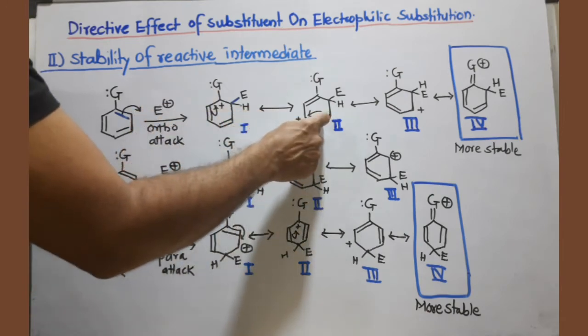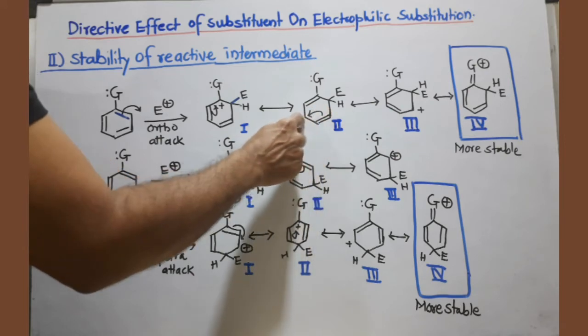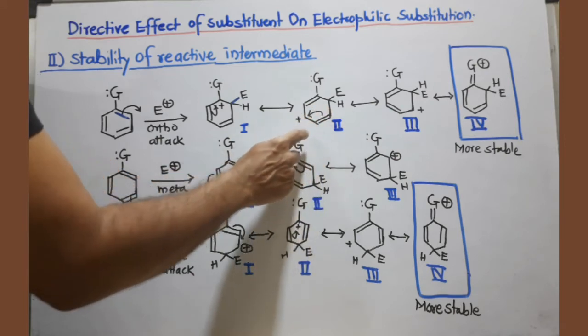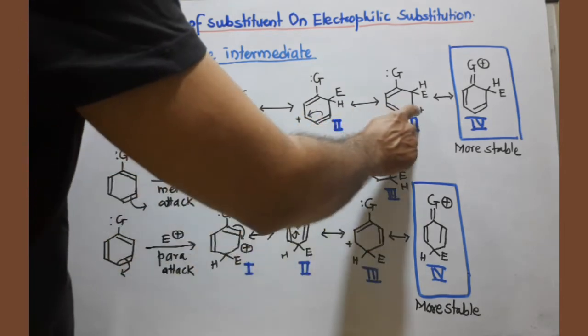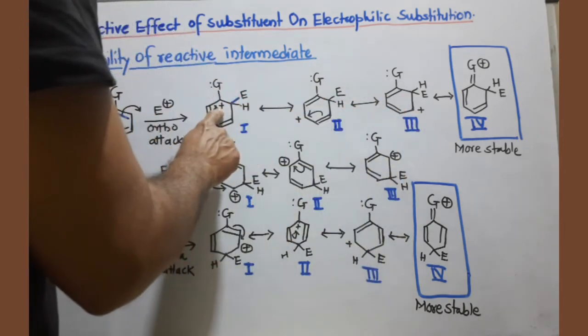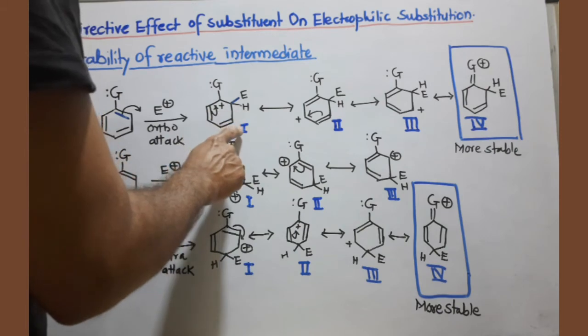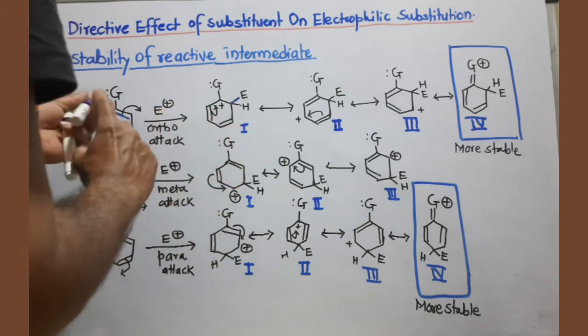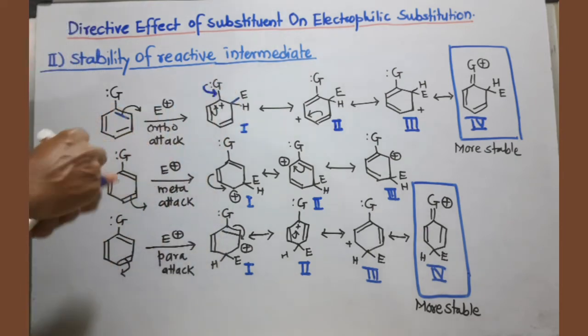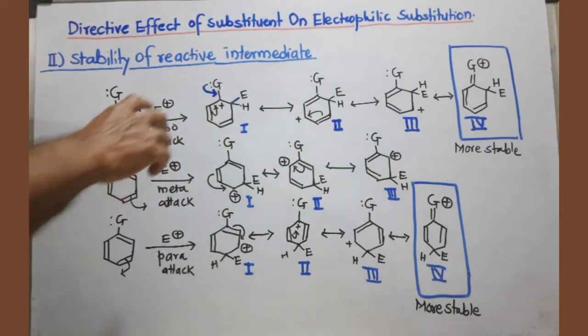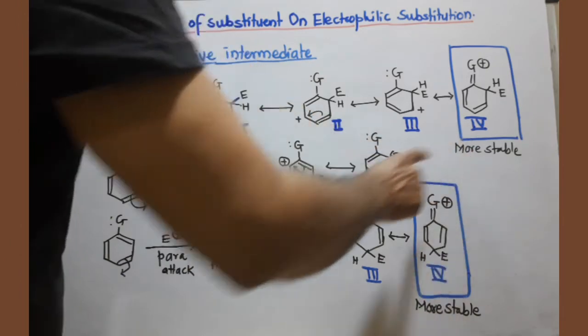Similarly, you can move the adjacent pi bond in between these two carbons, so the positive charge is delocalized from this carbon to this carbon. One more structure is possible from structure number 1 by providing a lone pair of the atom of this group present, and you get this structure.